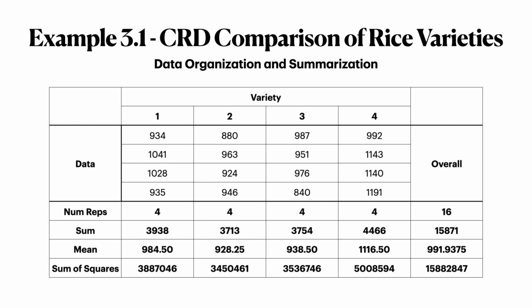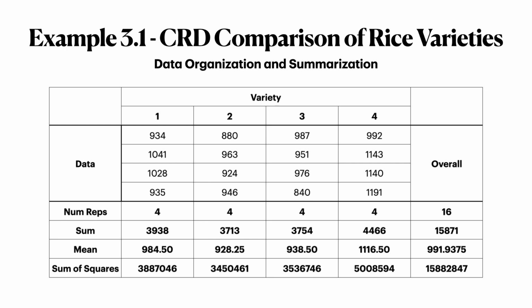The next row gives the sum of the yields for each of the varieties. The next row gives the mean yield for each of the varieties. And then finally, in the last row, we have the sum of squared yields for each of the varieties. And then in the far right-hand column, we have some summary statistics for the overall data set.